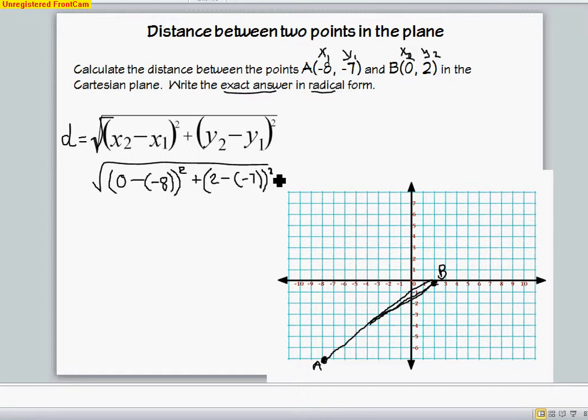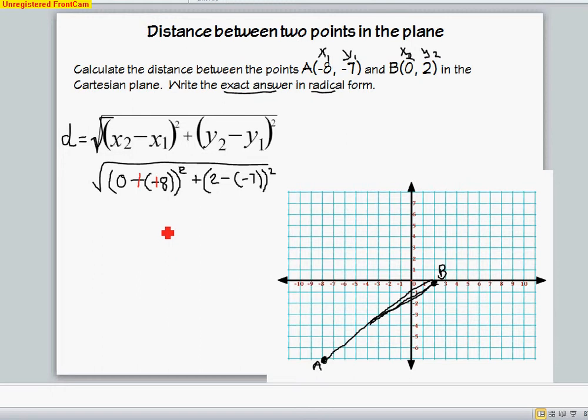And then that's squared. Okay, again, we need to think about our integer rules. I have a 0 minus a -8. We don't like subtraction when we have negative numbers. So you can easily turn a subtraction problem into an addition problem by adding the opposite.